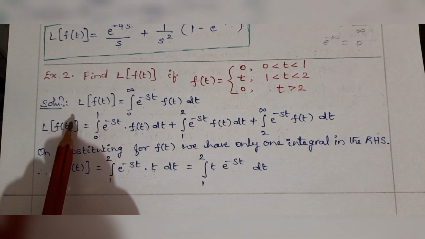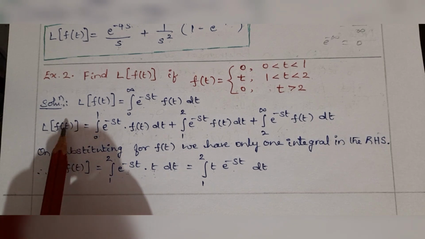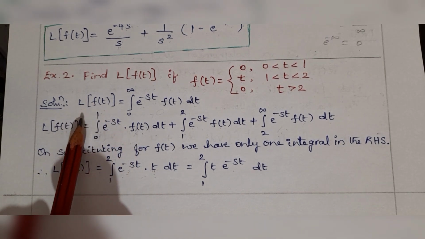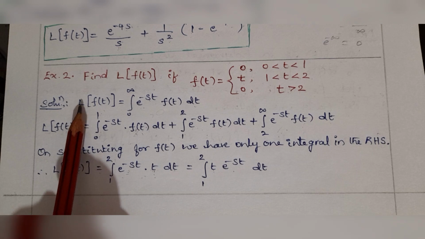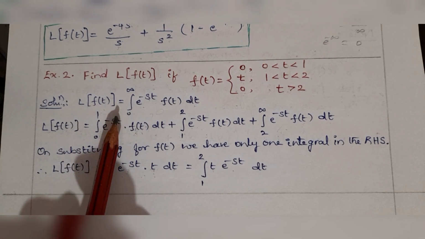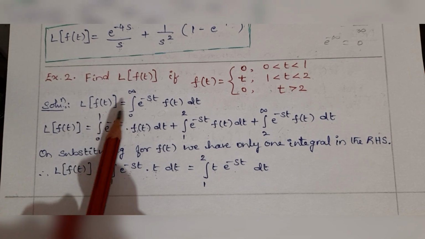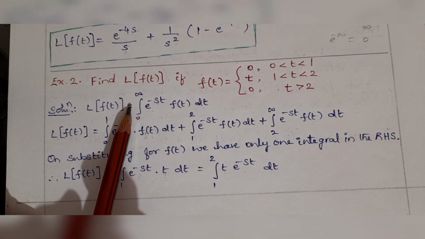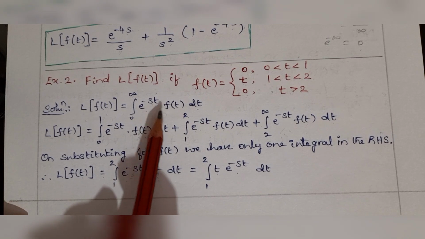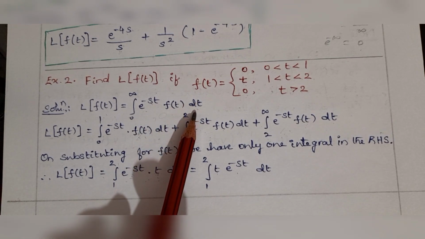First, as a working procedure, write down the definition of Laplace transform. So Laplace transform of f of t equal to integral of 0 to infinity e power of -st f of t into dt.